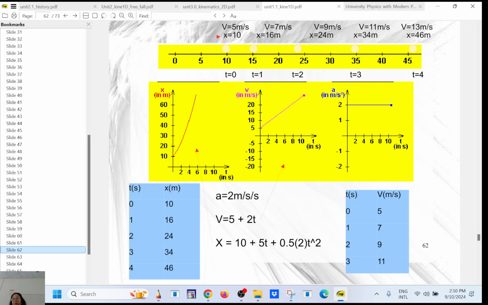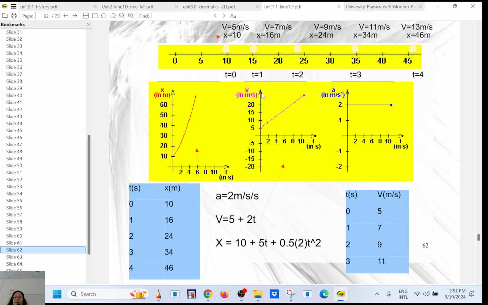So that means you increase by 2 every second. So at 5 meters per second, after 1 second, how fast are you going? 7 meters per second. And then you're going to go at 9, then 11, then 13. So the speed increases by 2. Okay?